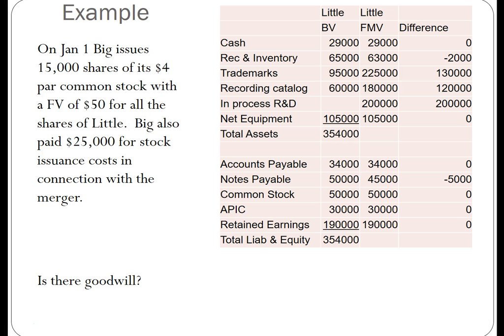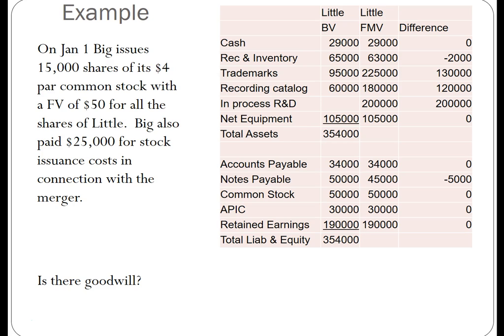Okay, so now let's take a look at an example. On January 1st, BIG issues 15,000 shares of its $4 par common stock with a fair value of $50 per share. BIG also paid $25,000 for stock issuing costs in connection with the merger.